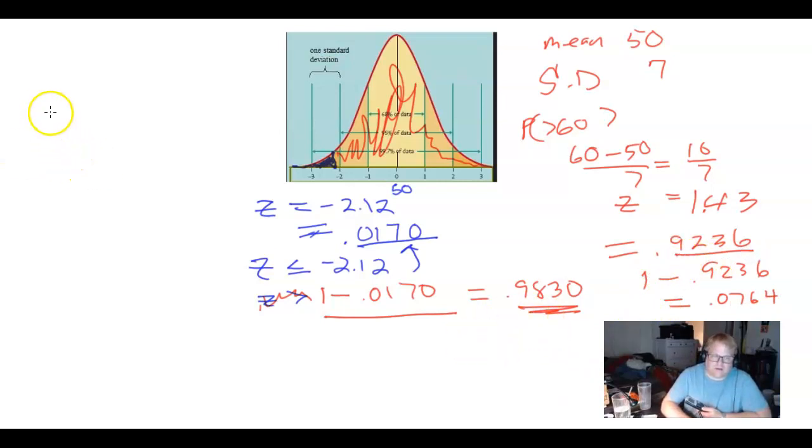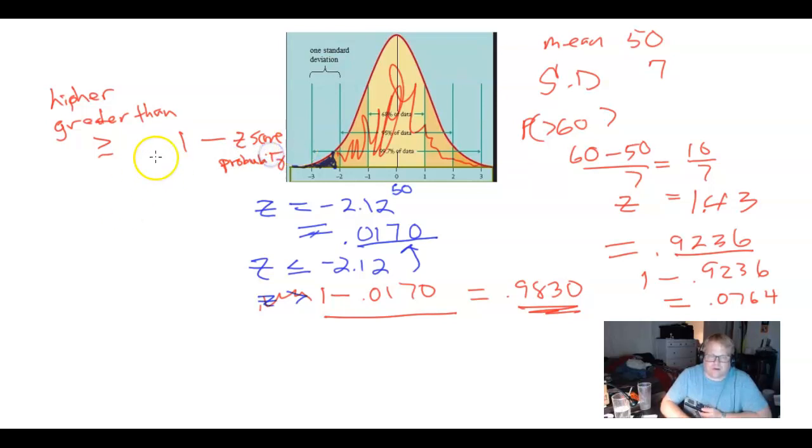So the key thing to remember is if you hear higher or greater than, that's 1 minus whatever the z-score probability says, the decimal part.